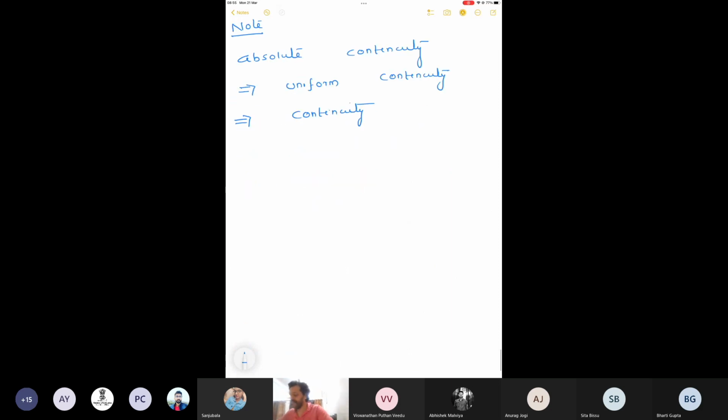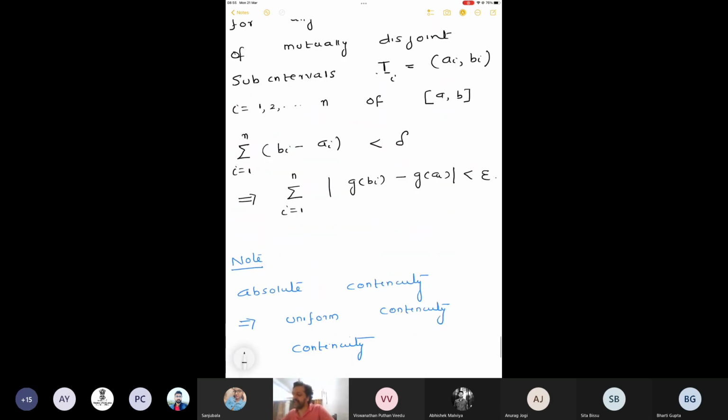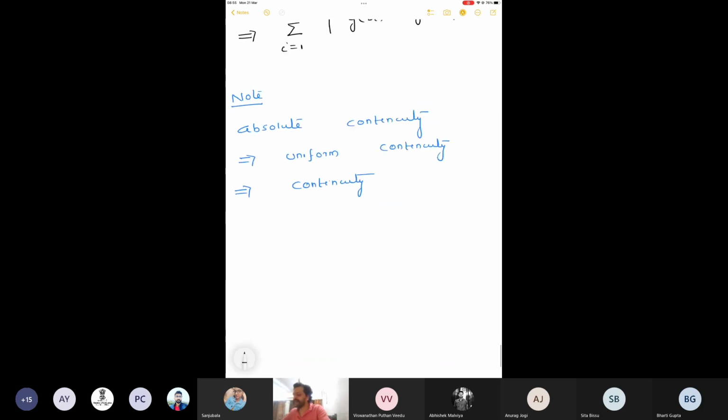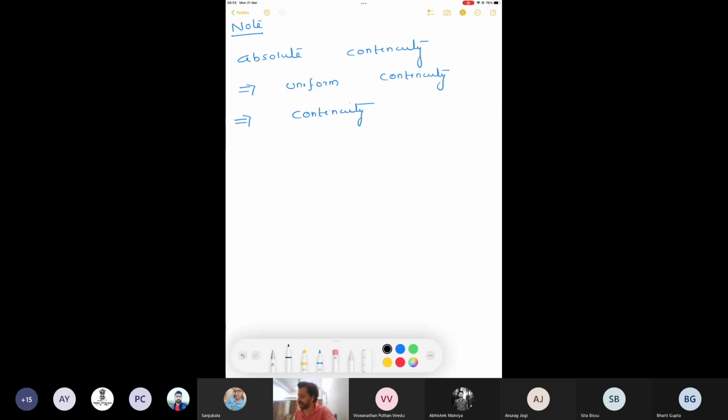Okay. So why are we interested in absolute continuity? What is the connection between Lebesgue integration and absolute continuity? So that's the next question. So eventually we shall prove the following.